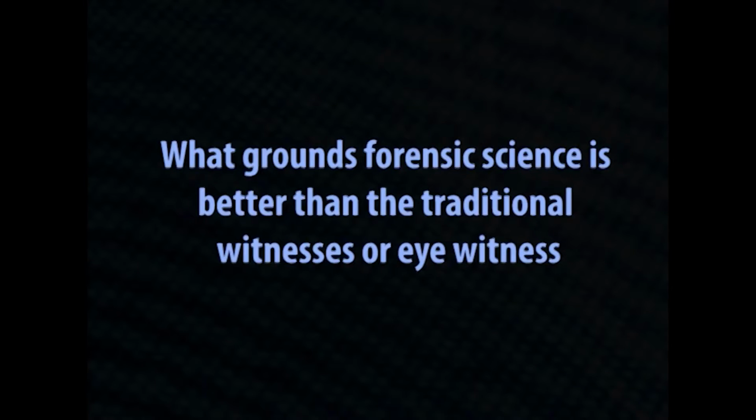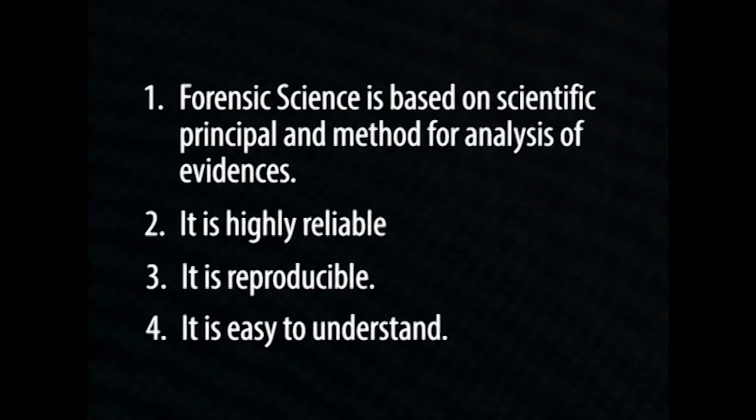Now we shall compare on what grounds forensic science is better than the traditional witnesses or eyewitnesses. Forensic science is based on scientific principles and methods for analysis of evidence. It is highly reliable. It is reproducible. It is easy to understand.